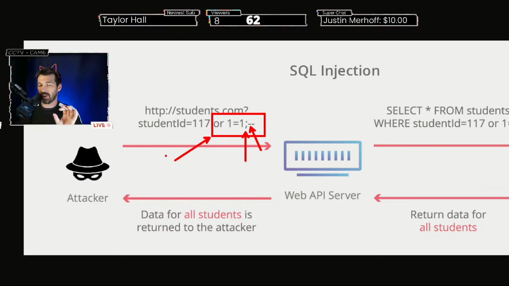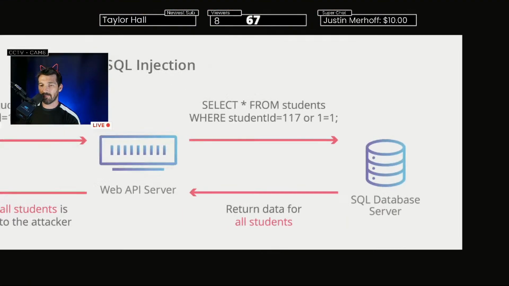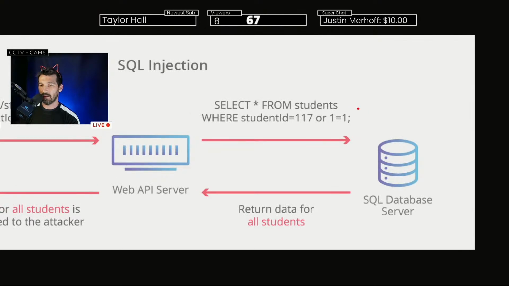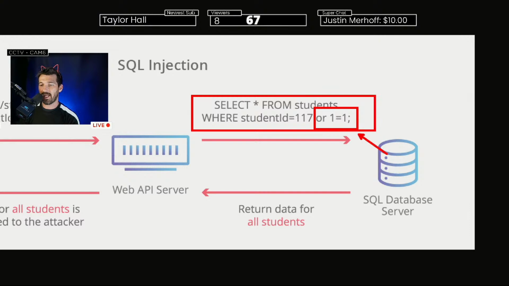The dash dash at the end makes it so if there are additional things afterwards, like group by or other fields, they just get ignored. This is what allows it to work. So when it runs this malicious injection on this database, it will return all student data, not just the student data for student 117.